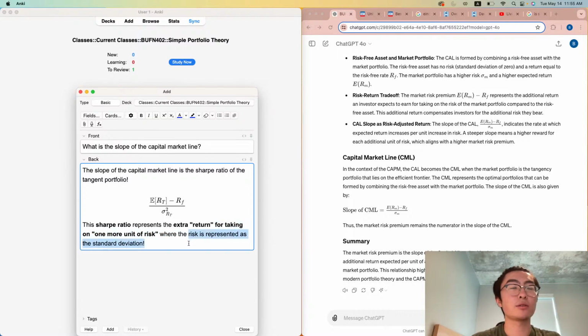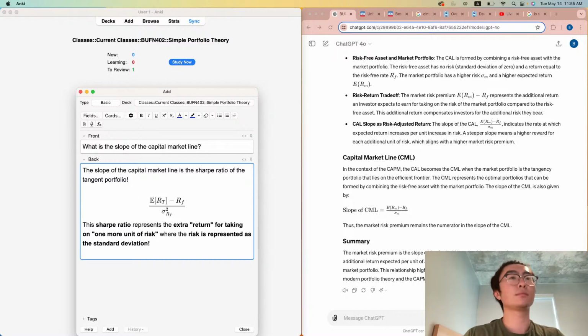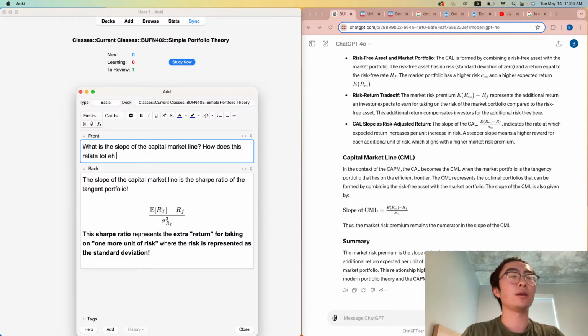So your risk is represented as the standard deviation. How does this relate to the CAPM?